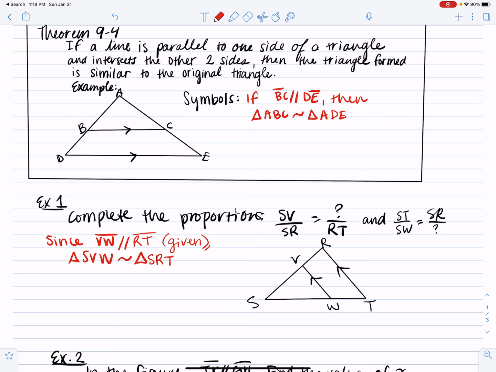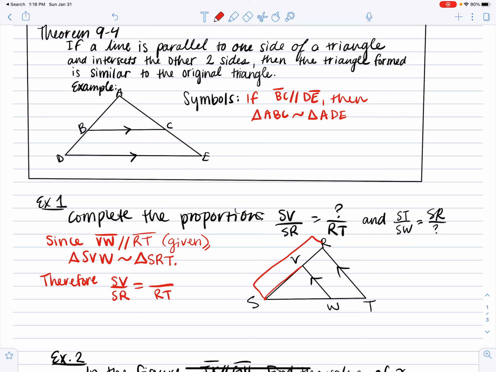So now you have to write that sentence to start. Now that we know the two triangles are similar, we can say therefore, and we're going to use the proportion they gave us, SV over SR is proportional to something over RT.